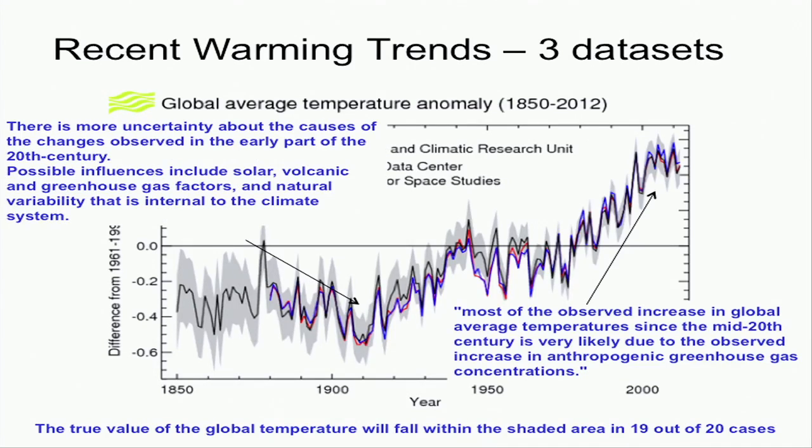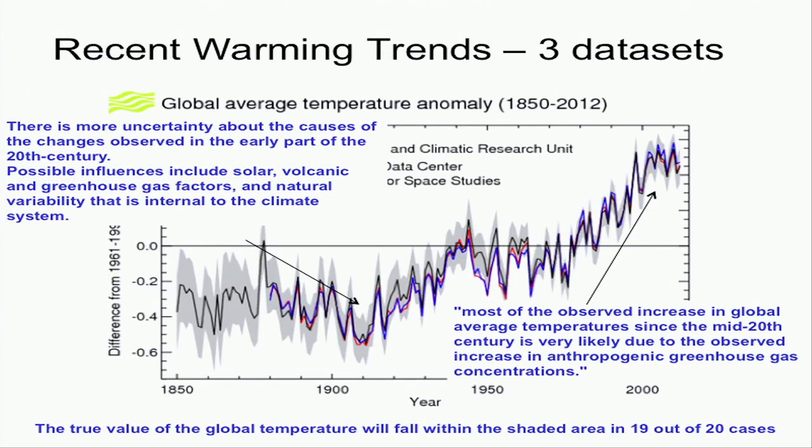There's more uncertainty in the earlier part of the 20th century, and we also have to bear in mind that there are influences that we discussed on temperature globally, such as solar variation, volcanic emissions, and uncertainties in the early days of what the actual emissions of carbon dioxide were from human factors.